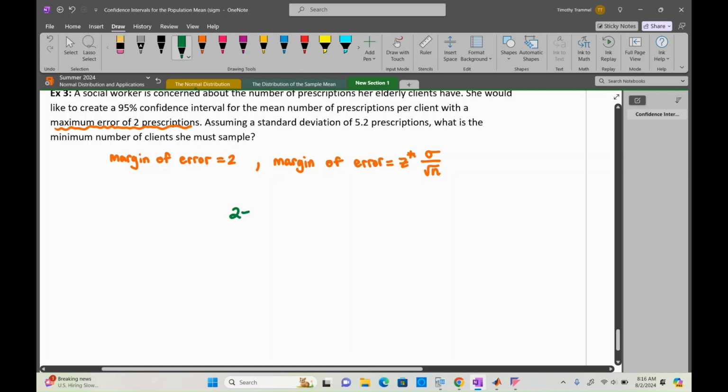So I have 2 equals, and then z star for 95% confidence is 1.960. We know that sigma here is 5.2 prescriptions. And then we do not know n. So what we're going to need to do here is solve for n, in order to reduce the margin of error down to 2.